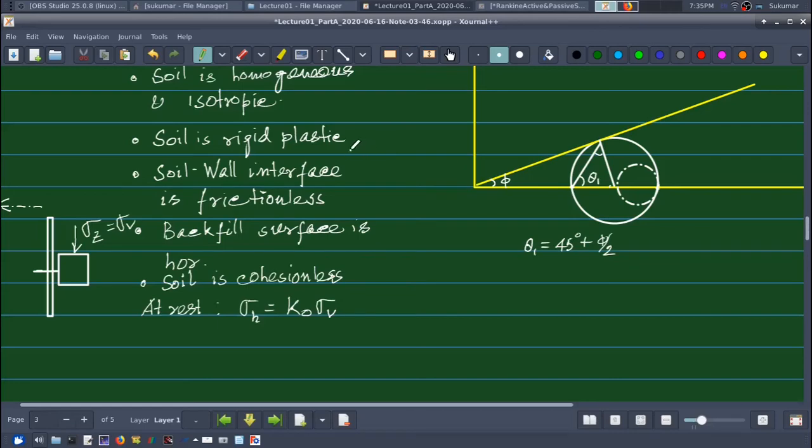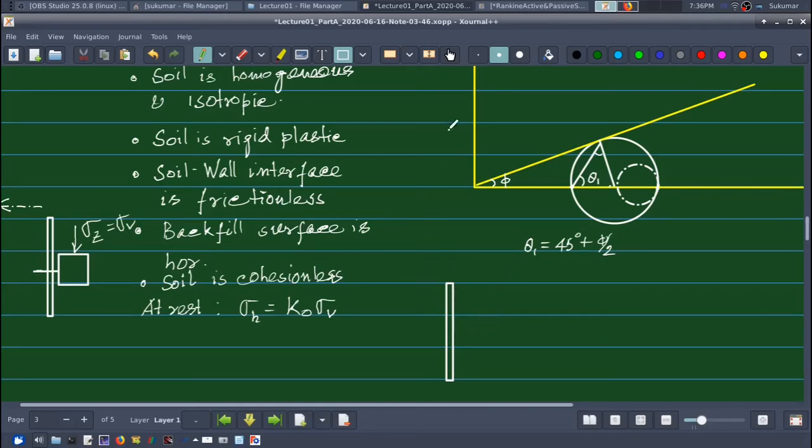So let me draw it once again. Say this is my retaining wall. I am assuming a vertical retaining wall, remember, so that this is a principal plane, so this is a principal stress.